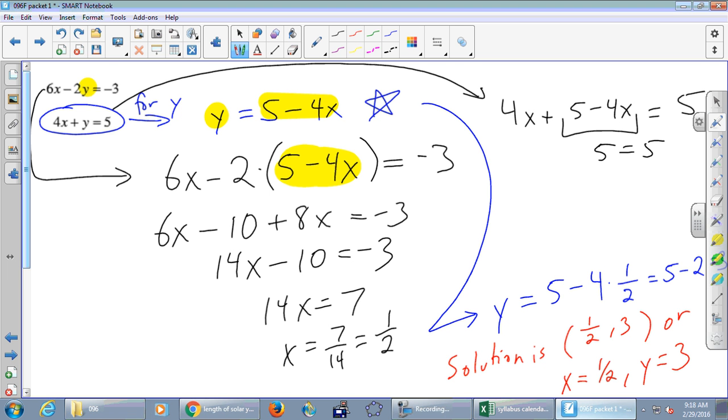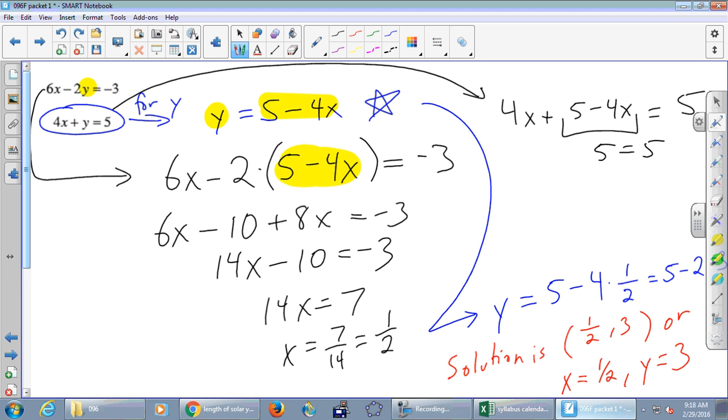All the variables disappeared, and we just got through saying that's our cue that we're in one of our two special cases, parallel or the same line twice. Was this problem one of our special cases? Look at the answer. The answer was how many solutions? 1. x was a half and y was 3. We were in a very normal intersecting lines case.